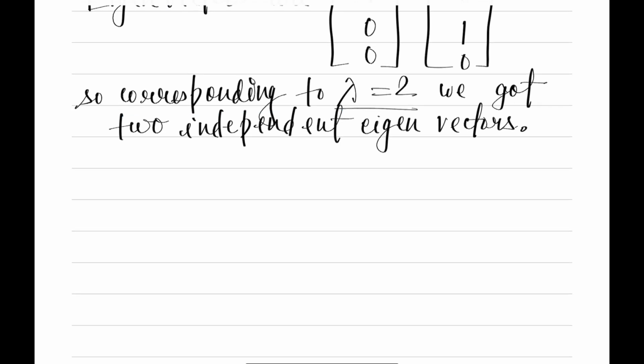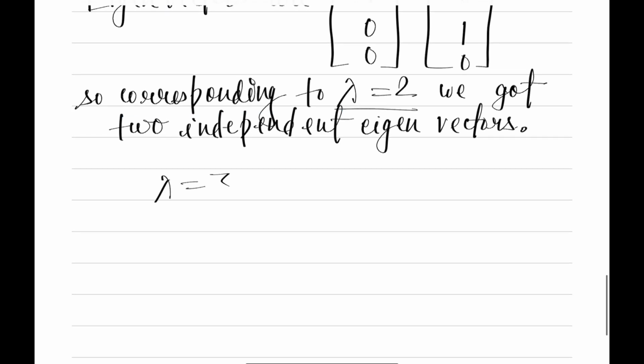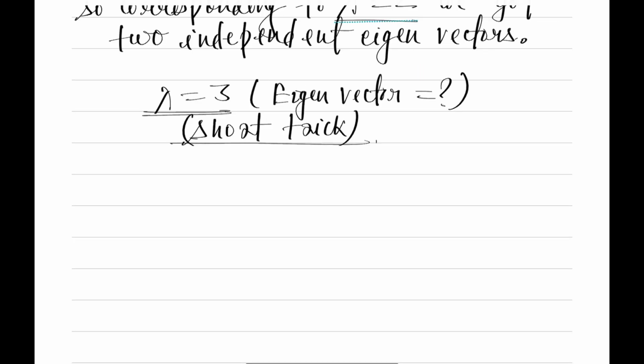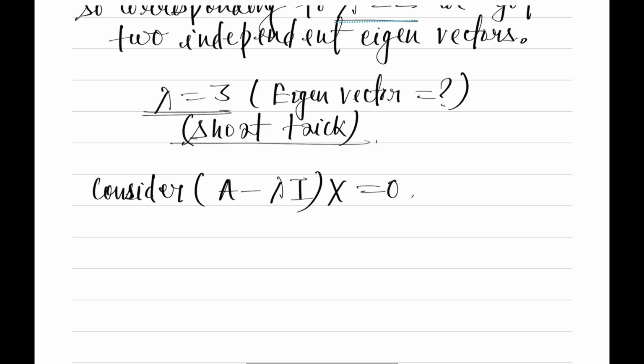Now corresponding to lambda is equal to 3, we will find the eigenvector. We will use the short trick to find the eigenvector. Now consider (A minus lambda I) into x is equal to 0.